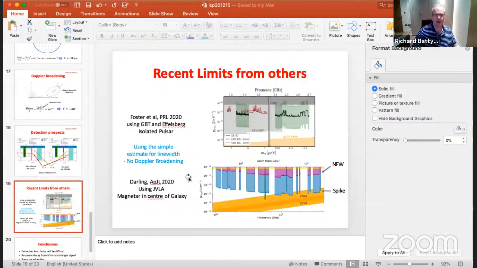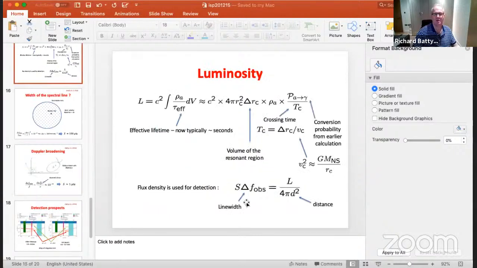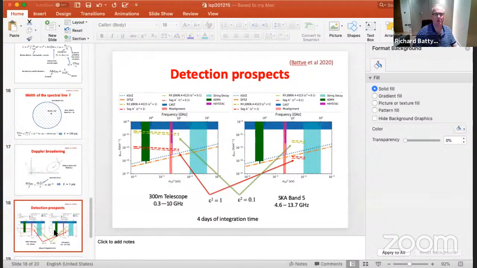They can then transfer that using these formulae up here, which I've sketched, for calculating the luminosity and the flux density, and the magnetic field of the pulsar, for example, and you can essentially come up with a limit. That's basically how they work.